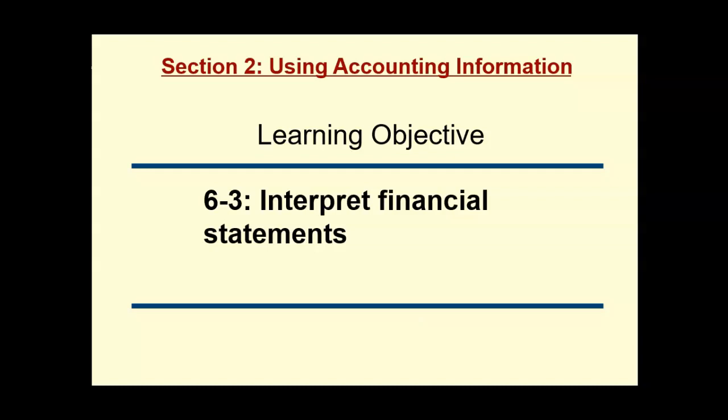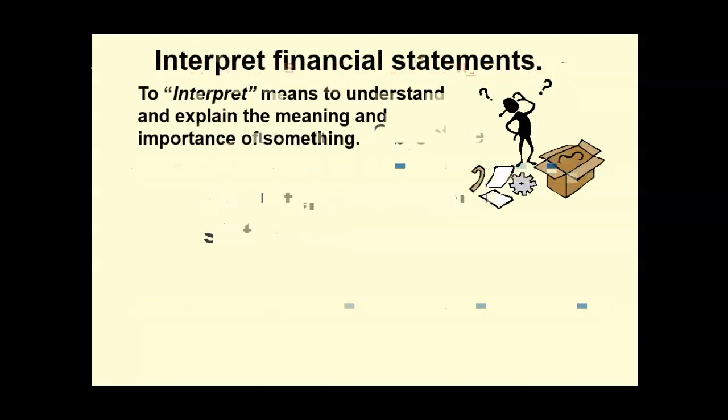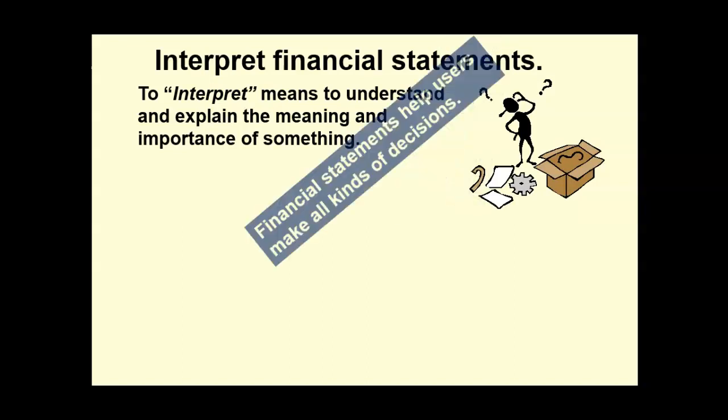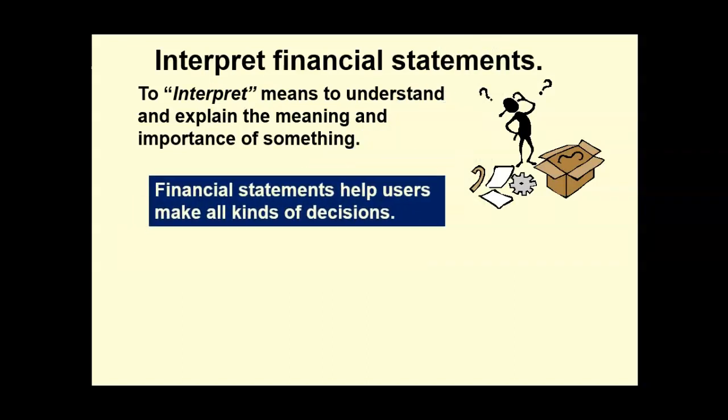Last but not least, interpret the financial statements, meaning, can I use these statements to make decisions about a company? Do I understand the information that is shown on these different types of financial statements?